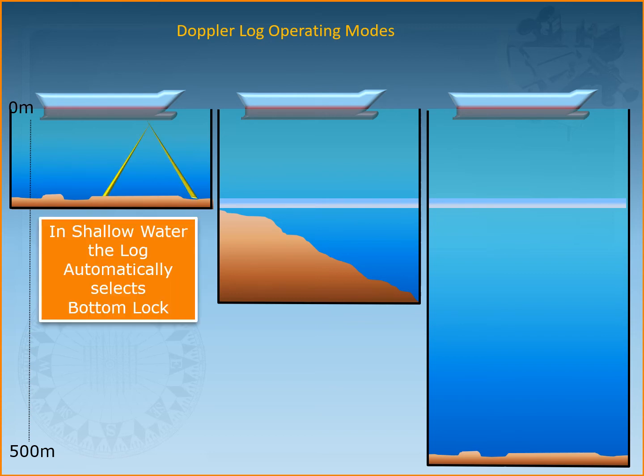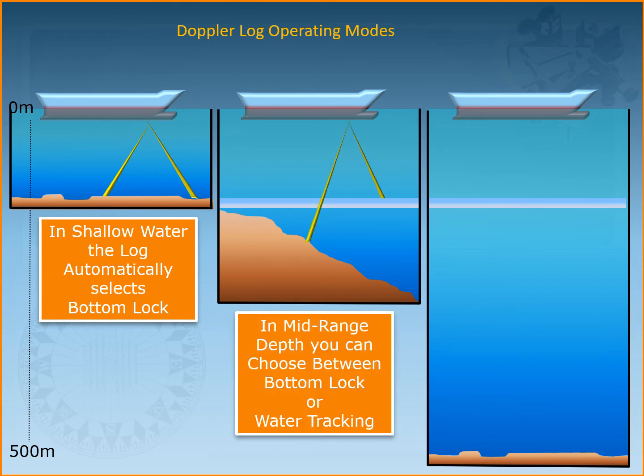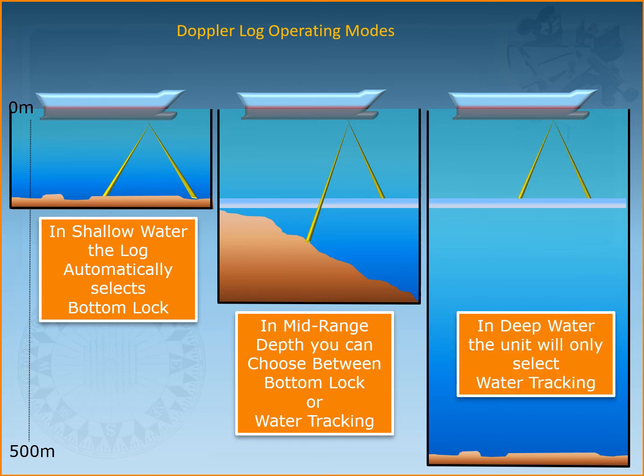A Doppler log may be able to hold bottom log down to about 200 meters, and it might use a water reference layer at about 20 to 30 meters for water track. The log may operate at a minimum underkeel depth of 2 meters. Thus, for underkeel depths of from 2 to 30 meters, the log must be operating in bottom track using reflections from the bottom.